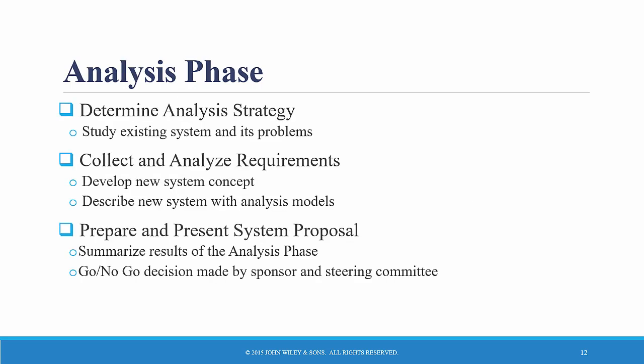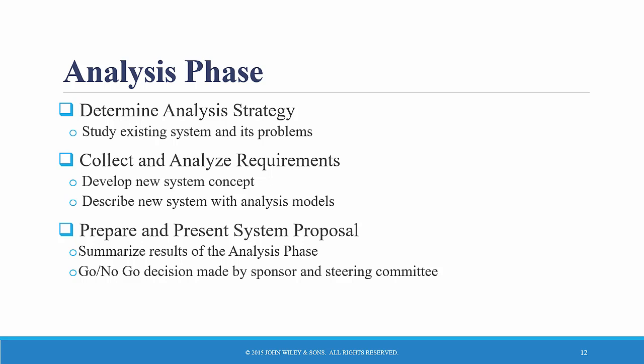Whenever you hear analysis, the second phase, you should think requirements. Analysis and requirements, determining the requirements, really are almost identical, synonymous. The analysis phase answers the questions who, what, where, and when.